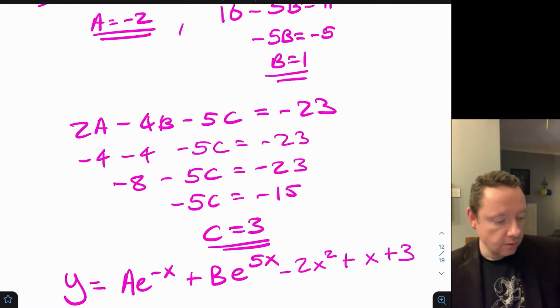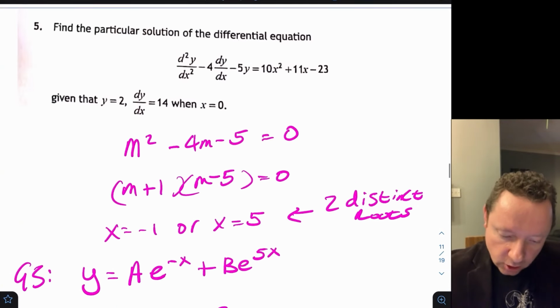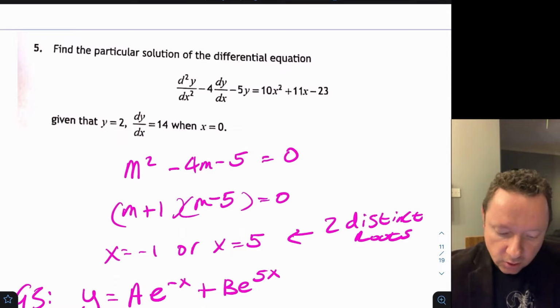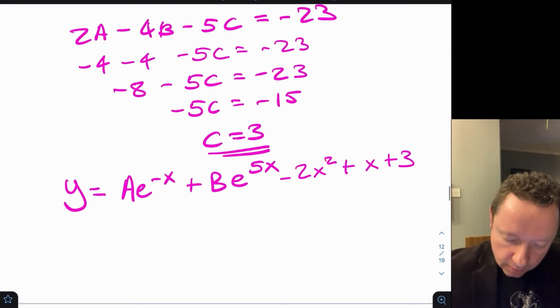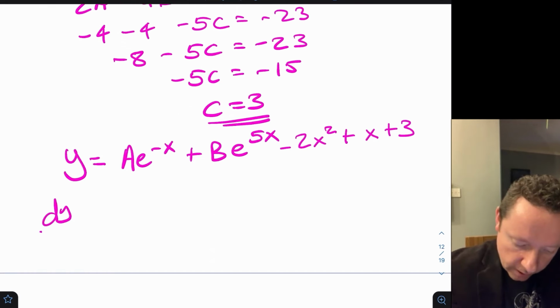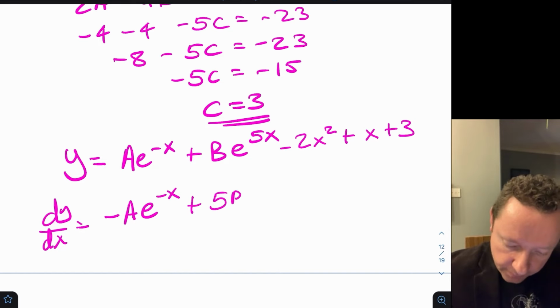So now we can differentiate that, because we also know from the start of the question, way back up here, that when y is 2, the dy by dx is 14 when x is 0. So finding our dy by dx first, that's minus a e to the minus x plus 5b e to the 5x minus 4x plus 1.